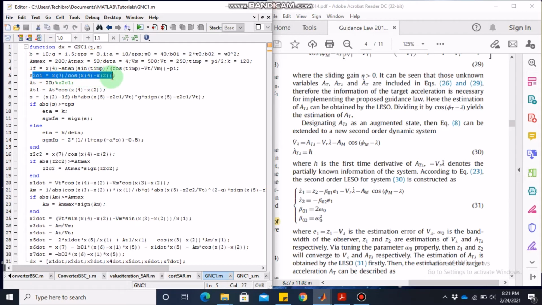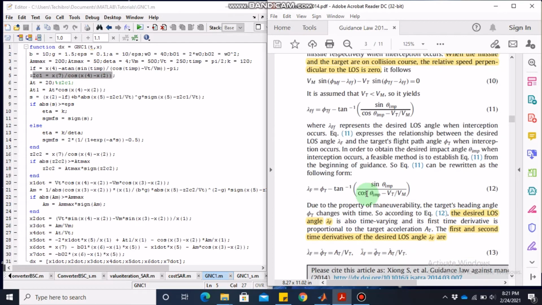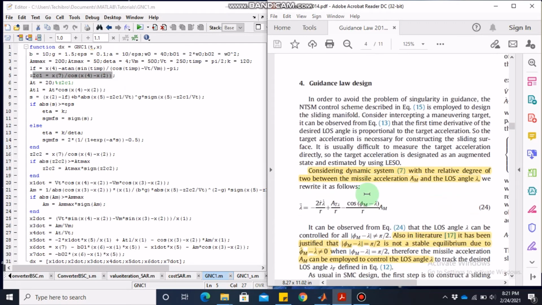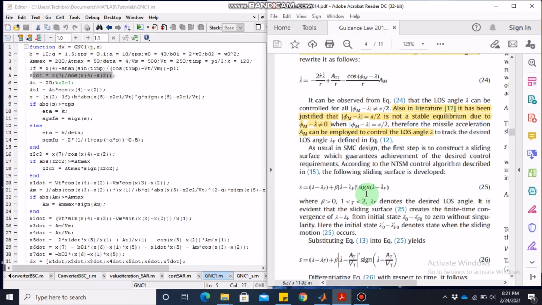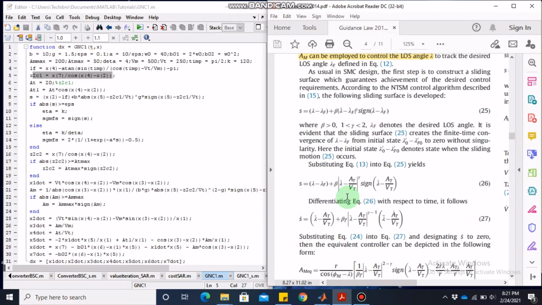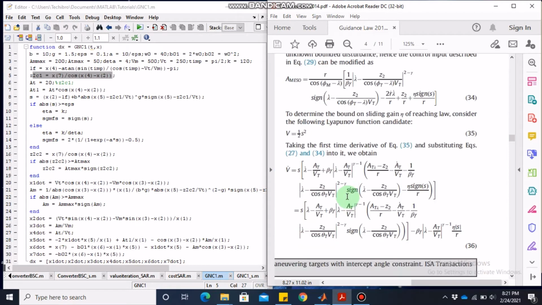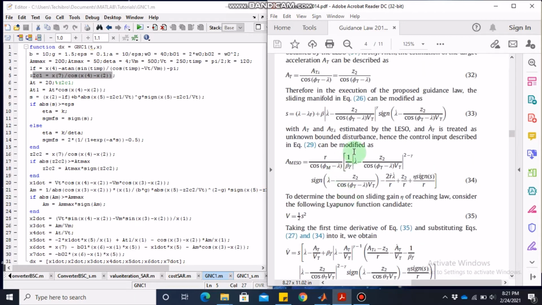This is used in the sliding surface. So if you look at the sliding surface equation in the paper here, I think that would probably be, yeah, this equation.